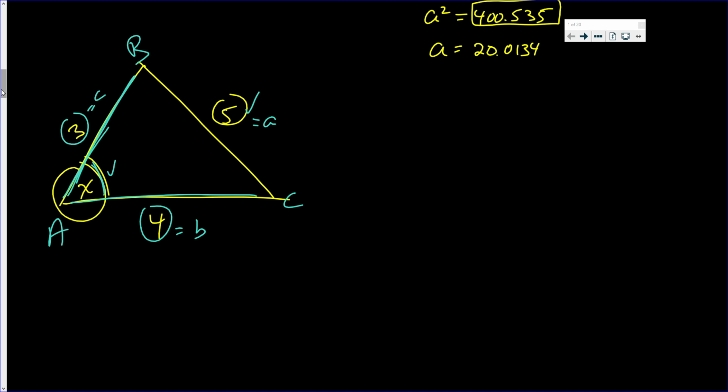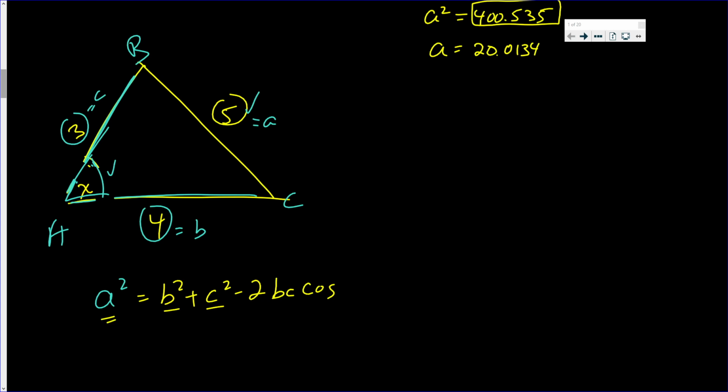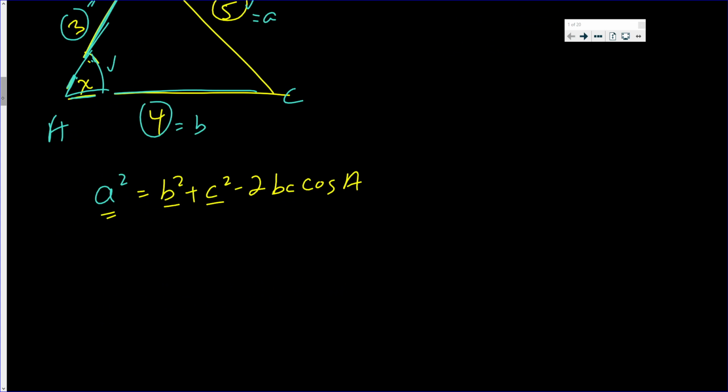And since we want big A, we'll start off with little a squared. Little a squared is equal to b squared plus c squared minus 2 times bc cosine of big A. Well, I would swap those two terms because I hate having negatives.